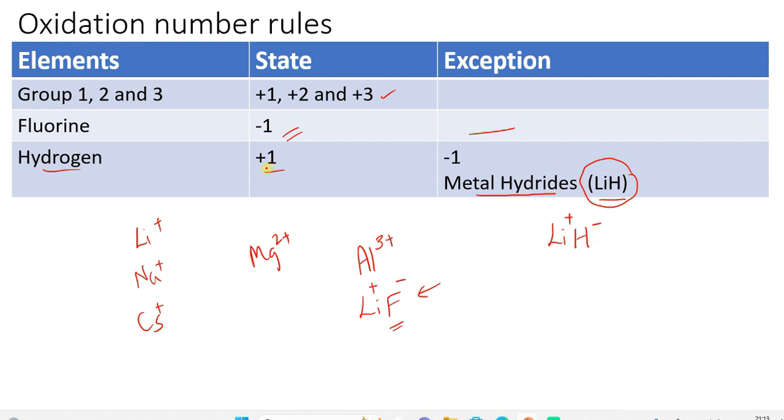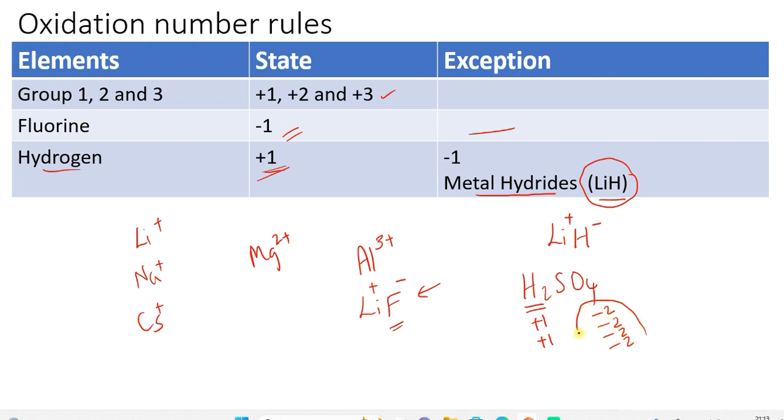All the other times we give +1. For example, in H2SO4, hydrogen will be given +1 for each hydrogen, because we have 2 hydrogens. And for oxygen, this is going to be -2, and there are 4 of them, so in total we have -8.